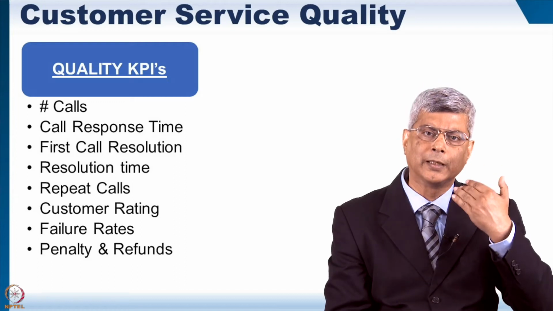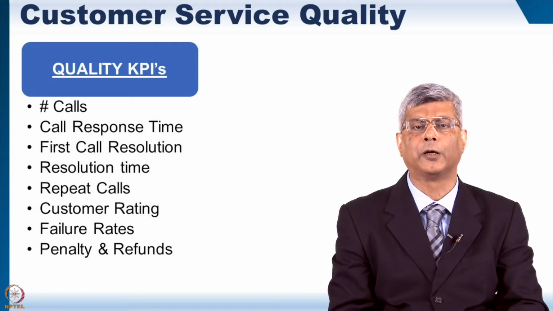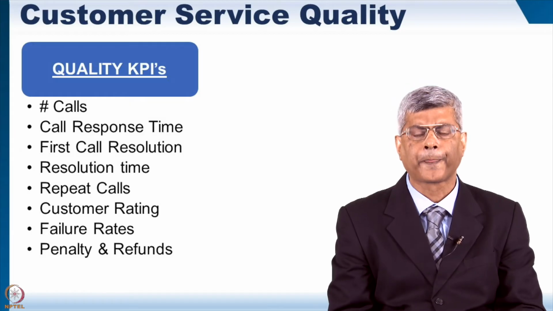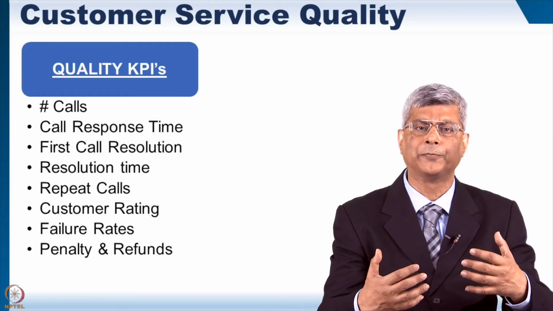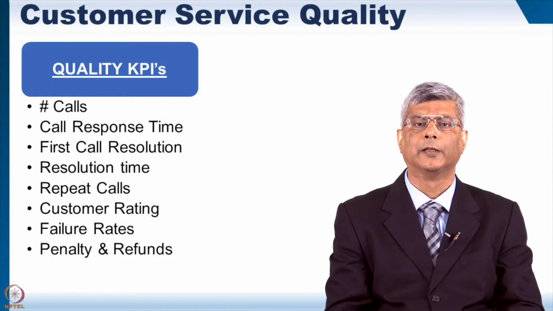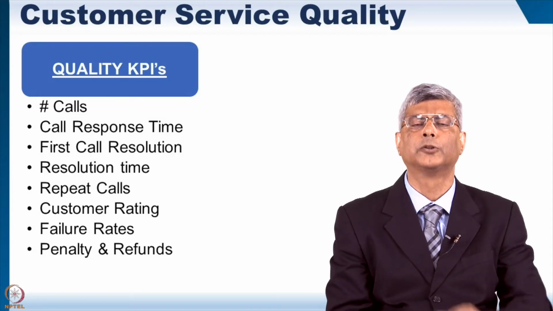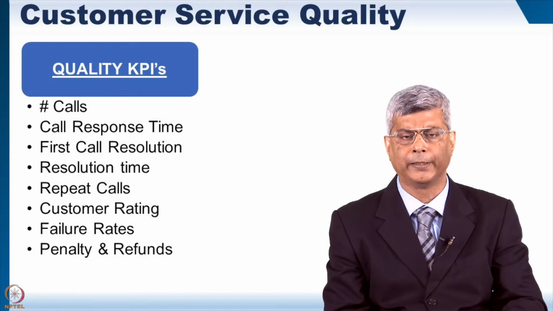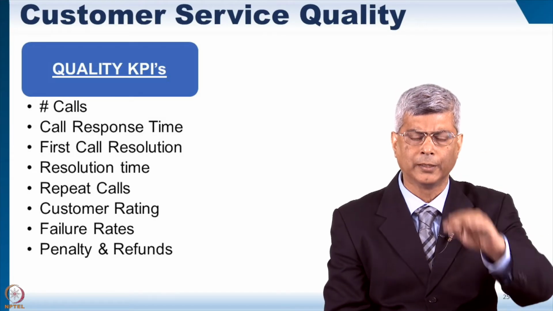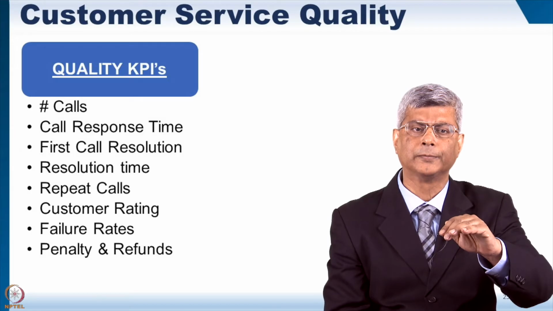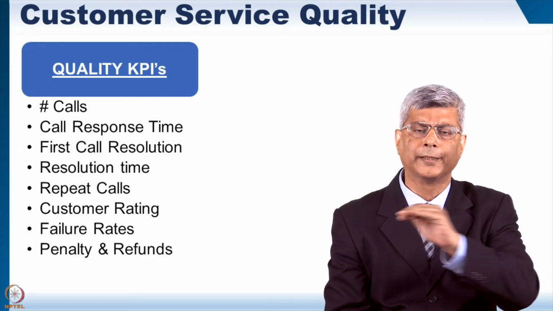Because if you get great service but it costs the company a lot, the company loses money. So the companies have to become very effective but also very efficient in service quality, but also manage their costs. So good companies, in fact all companies, will manage both the quality KPIs, quality measures, and the cost measures.